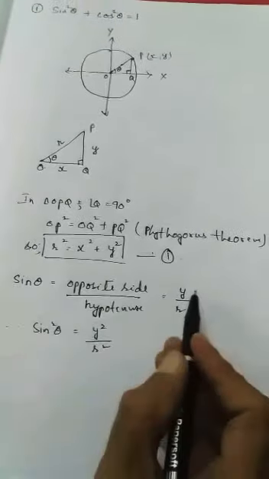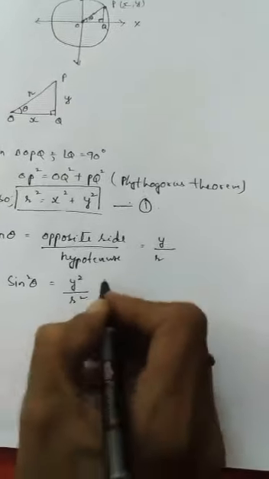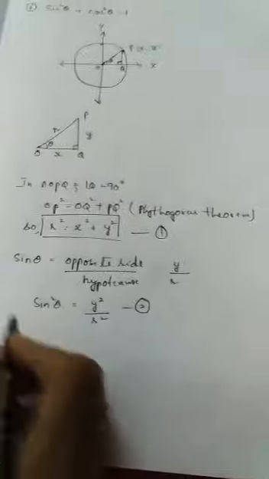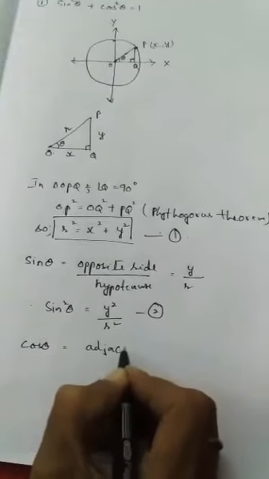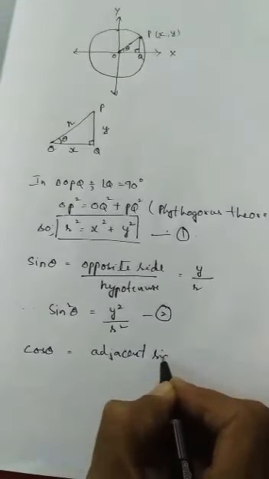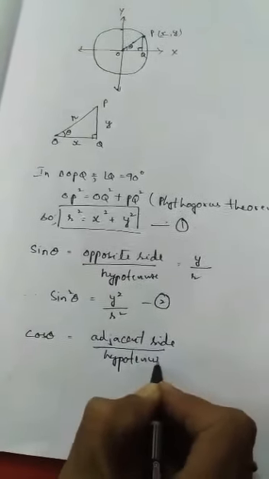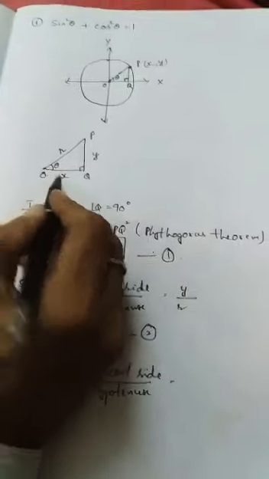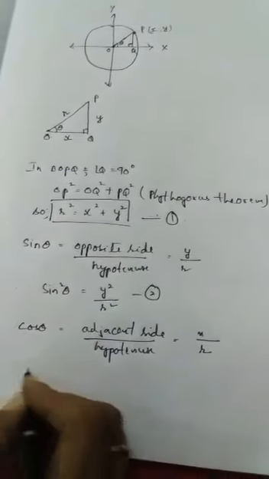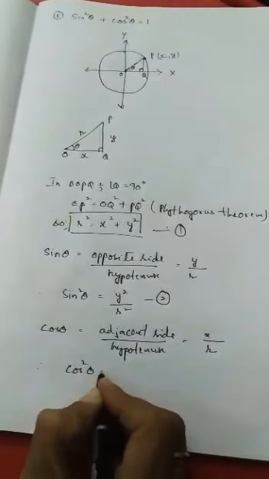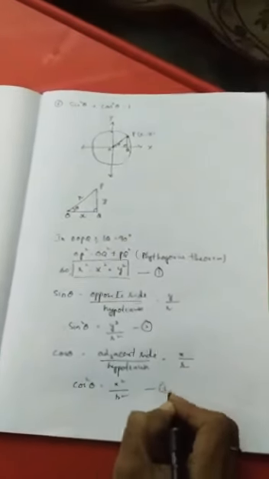Let us take this as equation 2. Now next, cos theta is equal to adjacent side by hypotenuse, that is here adjacent side is x and the hypotenuse is r, so x by r. Therefore cos square theta is equal to x square by r square. We take this as equation 3.